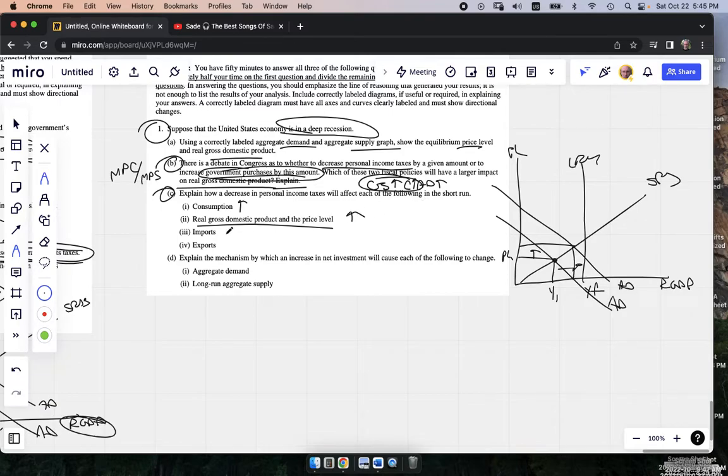I'm not going to talk about imports and exports. That's going to get really strange here. And again, this is what we talked about before. If there's more investment, that's going to kick up aggregate demand because we know aggregate demand is C plus I plus G plus XN, and investment is I. Whew, tiring.